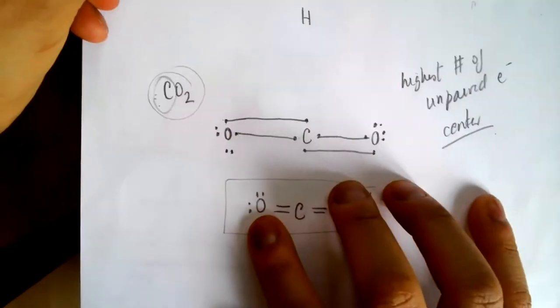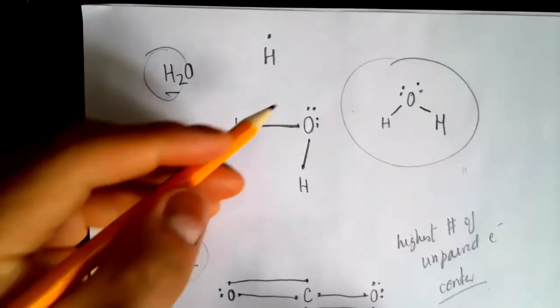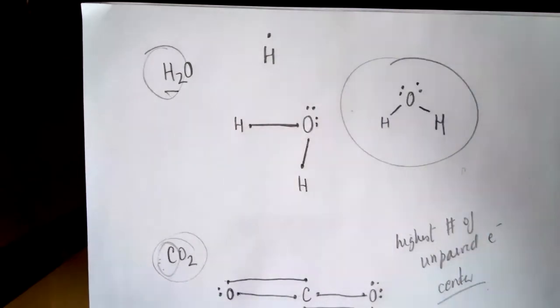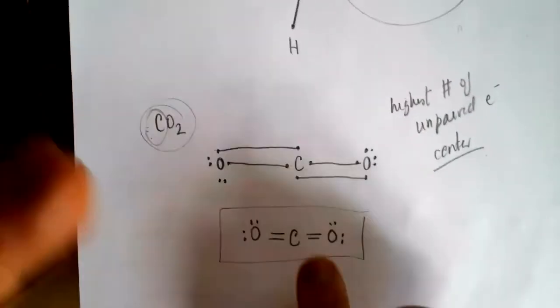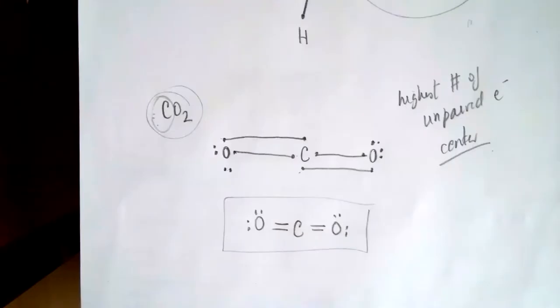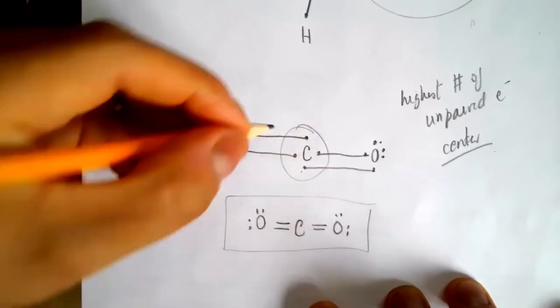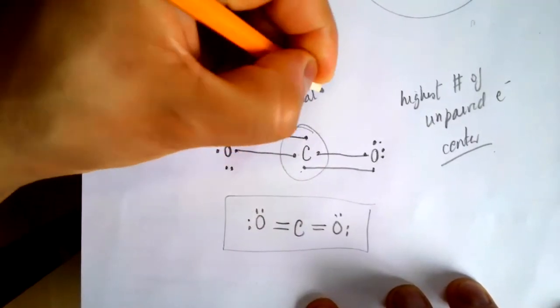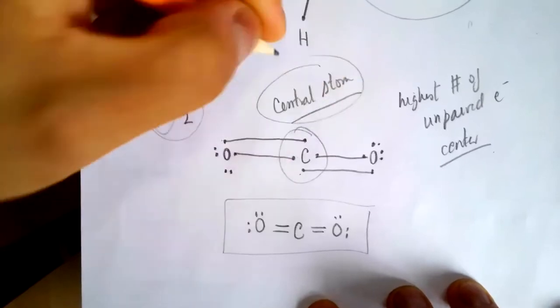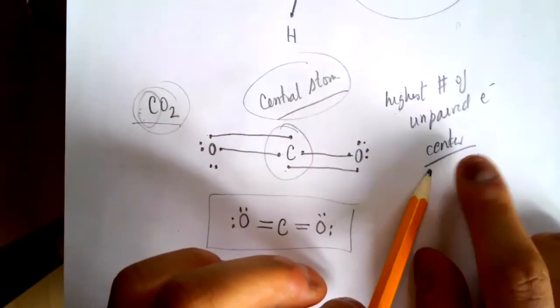I would never put a hydrogen in the center, for example, because hydrogen has only 1 valence electron. How can you branch out with something that has only 1 valence electron? No. I will branch out from carbon because carbon has four valence electrons. So definitely the branching of carbon is going to be really high. It has 4 possibilities. So you always include your central atom, which has to be the element in the formula that has the highest number of unpaired electrons, right?